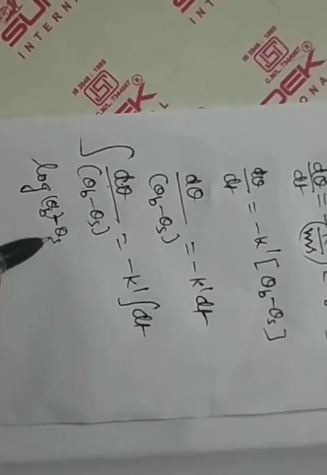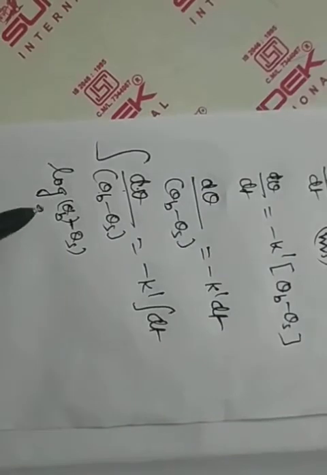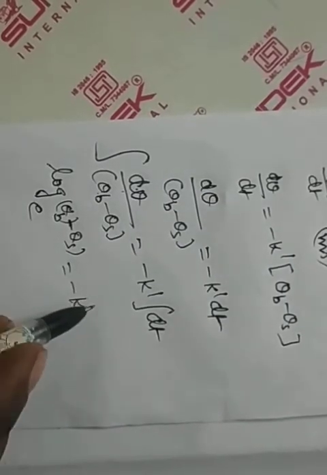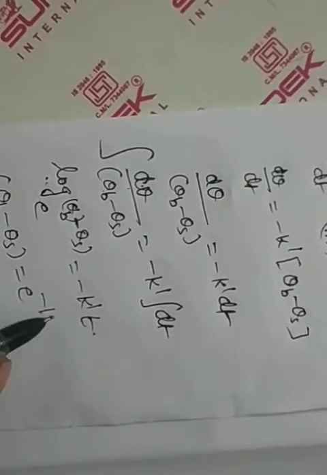This is called log theta between the limits theta B and theta S. So log base e of theta B minus theta S is equal to minus K dash t. If you want to remove the logarithm, apply the anti-logarithm on both sides. Then theta B minus theta S is equal to e power minus K dash t.